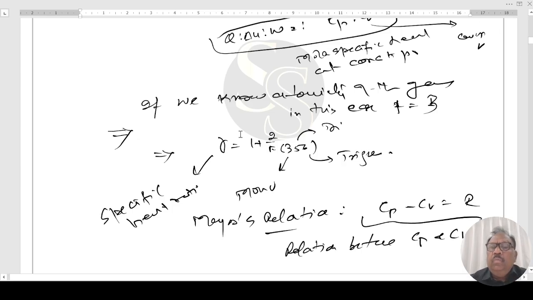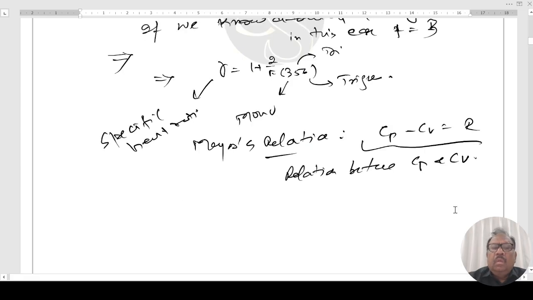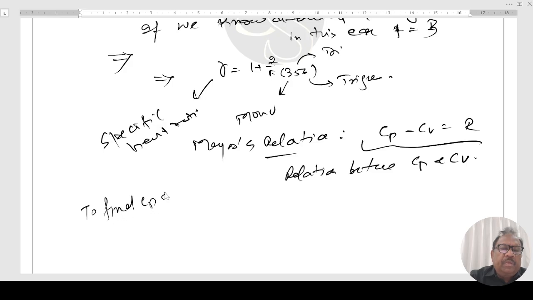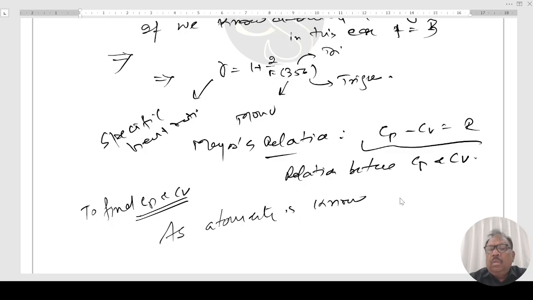Now, to find the values of Cp and Cv, as the atomicity is known, that is monoatomic.